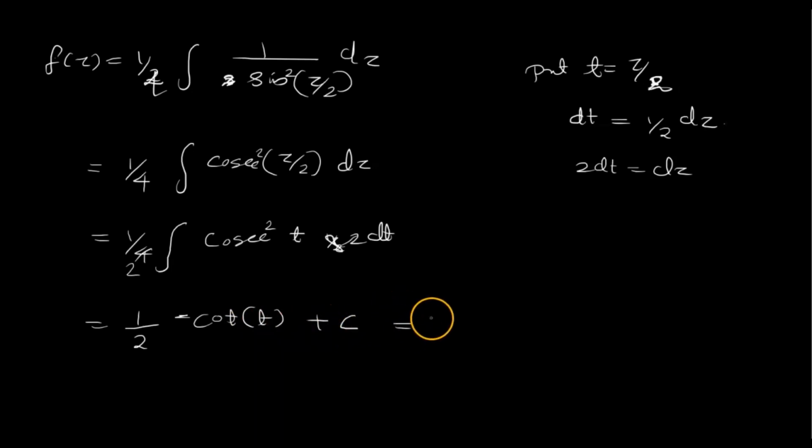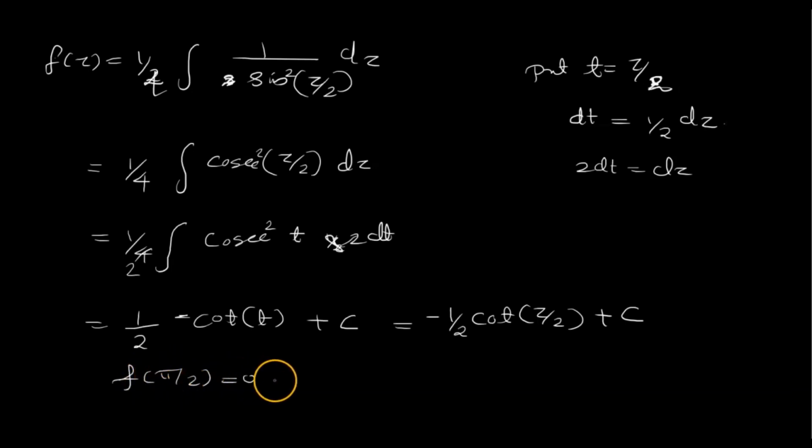So what is the final answer? Minus 1 by 2 cot of z by 2 plus integrating constant c. And we have been given that f of pi by 2 equal to 0. So substituting this, f of pi by 2 is minus 1 by 2 cot pi by 4 plus c, equal to 0.